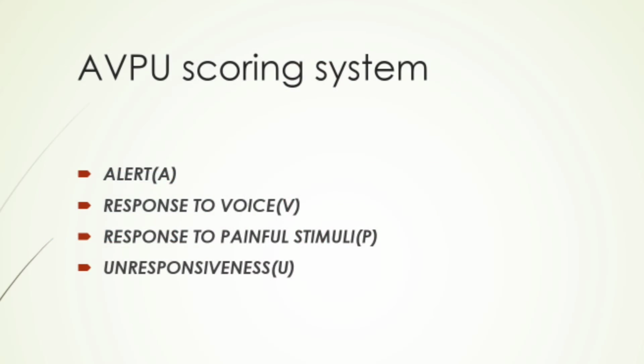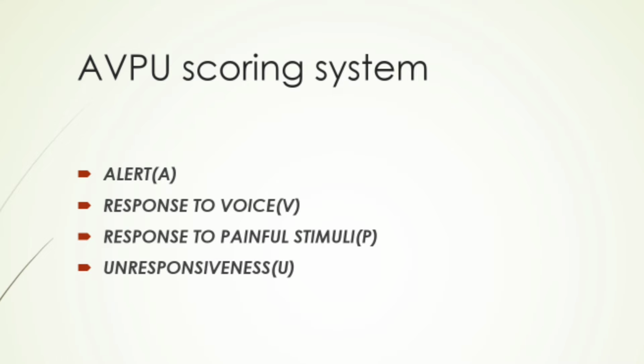When you look at interactiveness, there is something called the AVPU scoring system. What is the AVPU scoring system? A for alert, V for response to voice, P for response to pain, and U for unresponsiveness. Alertness is assessed by age-appropriate interaction of the child with parents or doctors. One point to remember: altered level of consciousness is the earliest marker of hypoxia or shock.